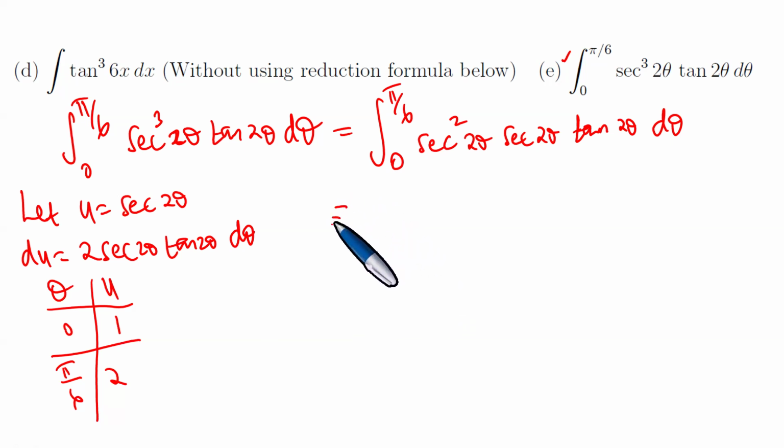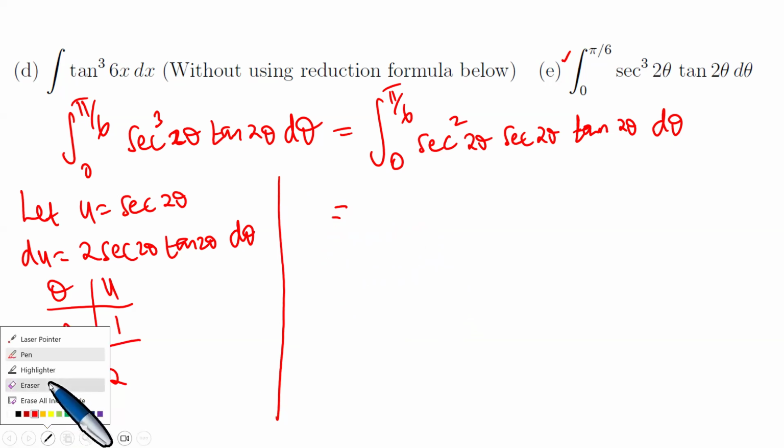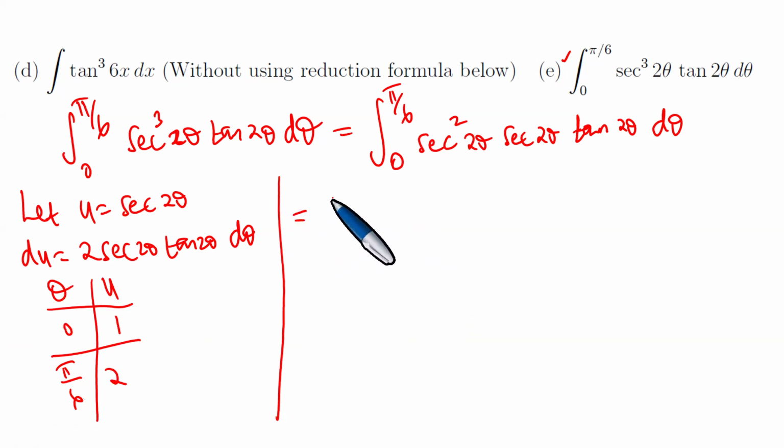So this integral is going to be the integral, instead of 0 to pi over 6, from 1 to 2. And then we call it the secant of 2 theta so that it becomes u squared.